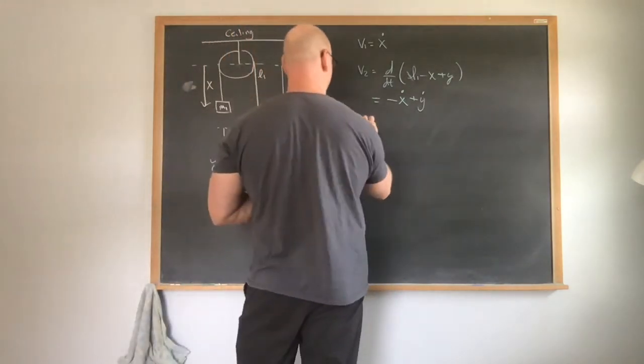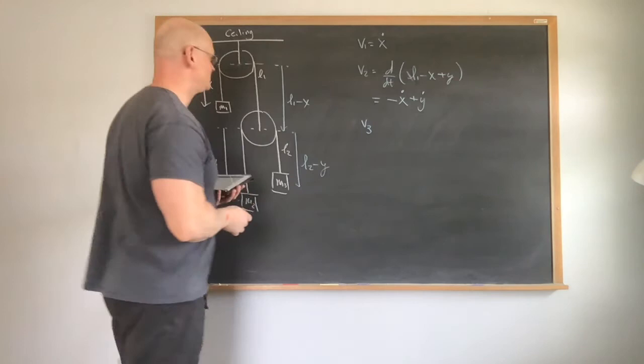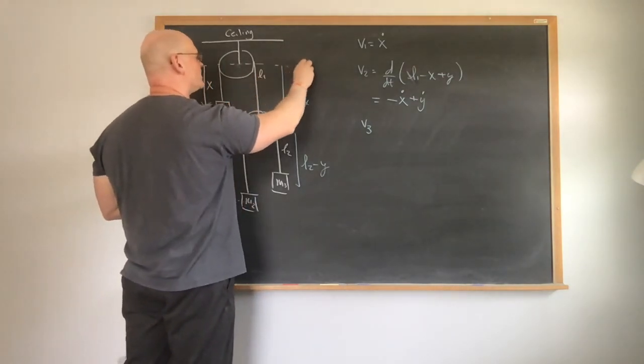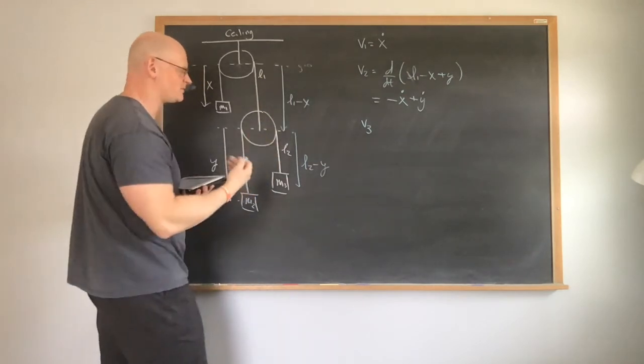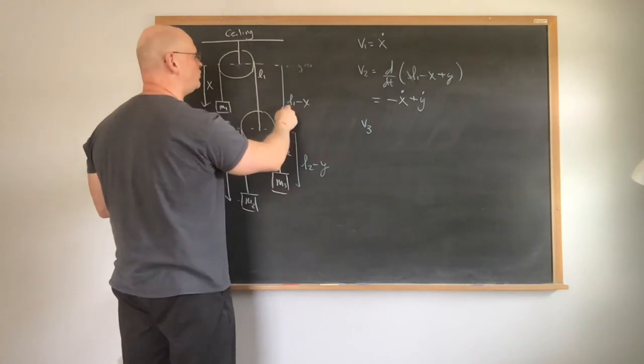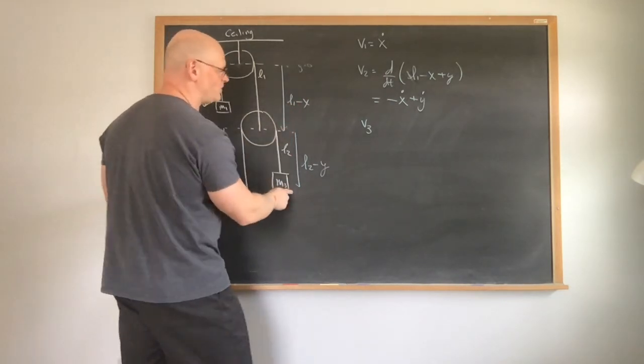V3 then, so in this case, again, taking reference to this line here, this is my, say, y is equal to 0 location, right? Or just whatever I'm telling my coordinate system to be at, then this distance is going to be L1 minus x plus L2 minus y.